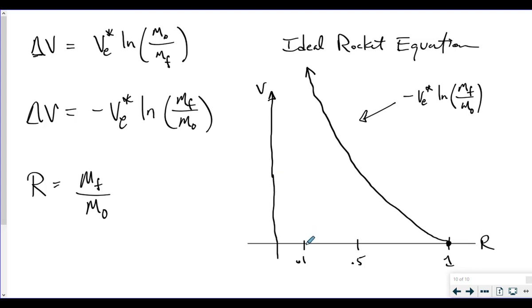And so the final mass has to be much less than the initial mass in the design of the rocket in order to produce a large velocity.